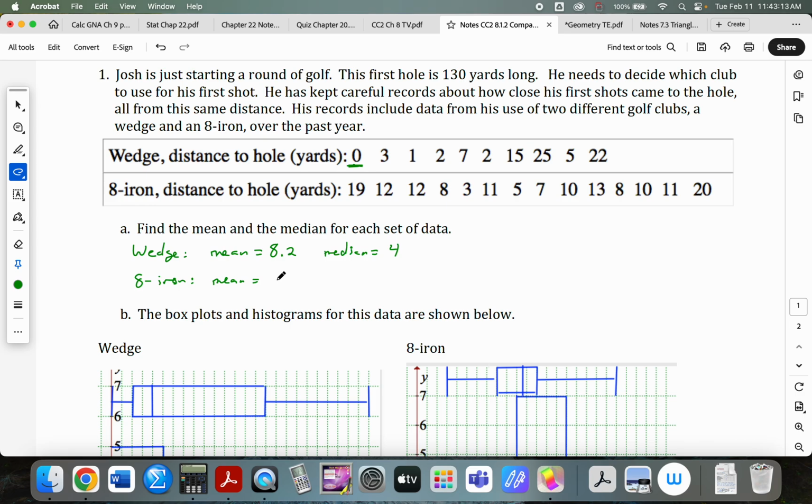Anyone? All right. I'm going to grab my calculator and do it real fast. So this is for the 8-iron. How many of them are there? 14.